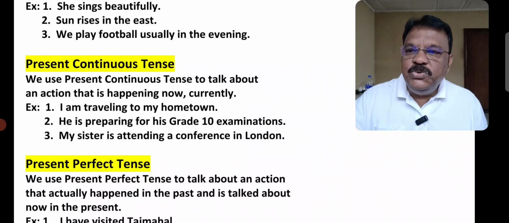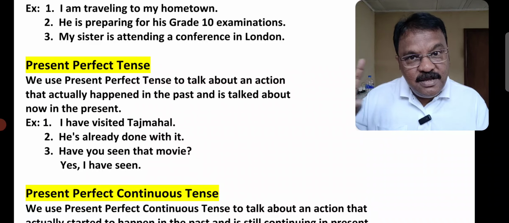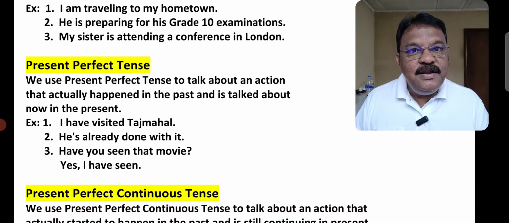Present perfect tense is on our list. We use present perfect tense, my dear friends, to talk about an action that actually happened in the past and is talked about now in the present.